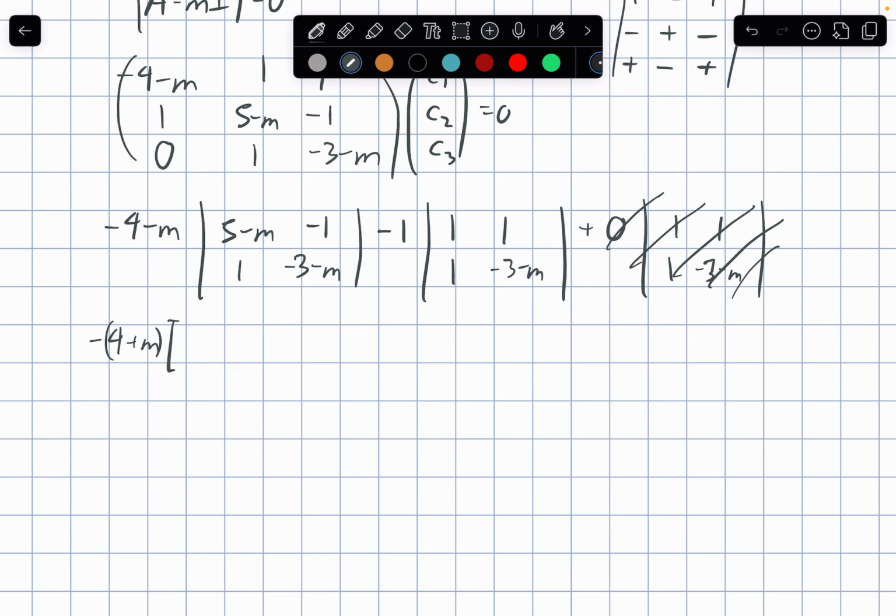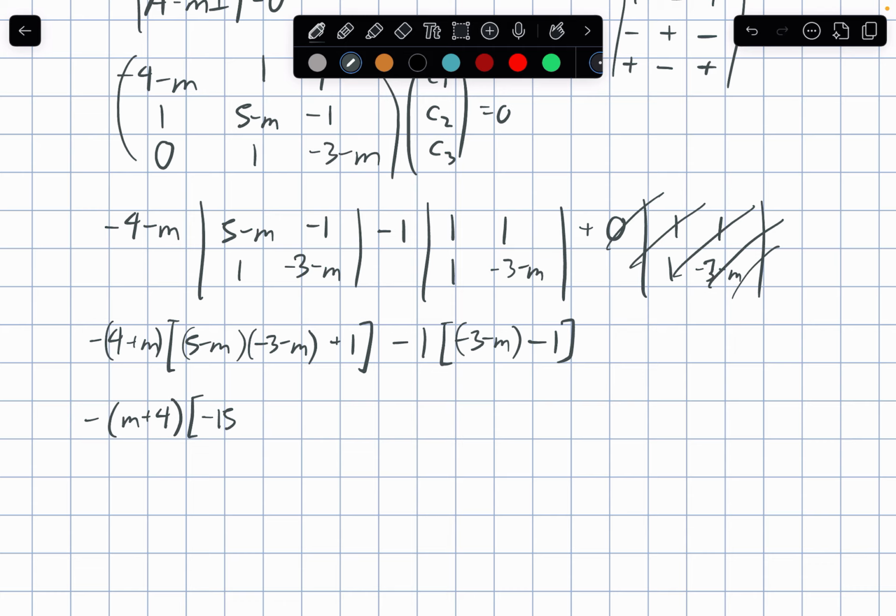Now we multiply 5 minus m times negative 3 negative m plus 1 minus 1 negative 3 negative m minus 1. Essentially, the entire process is tedious, but it's not so hard.